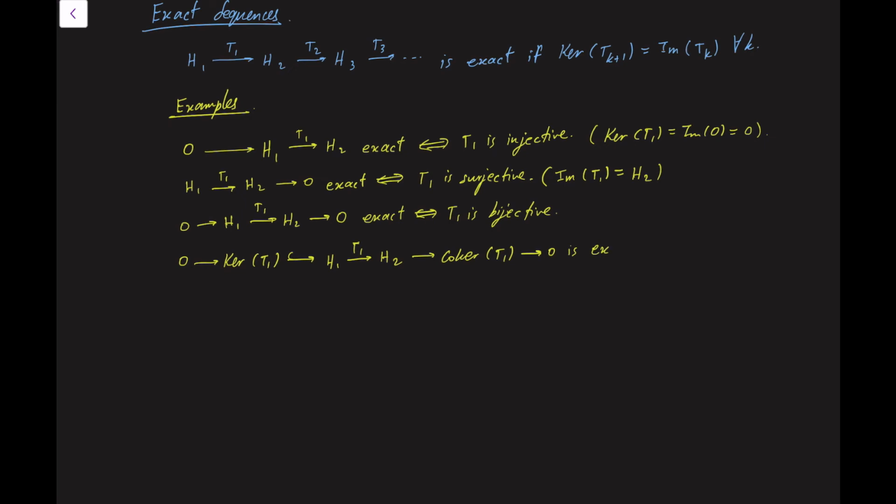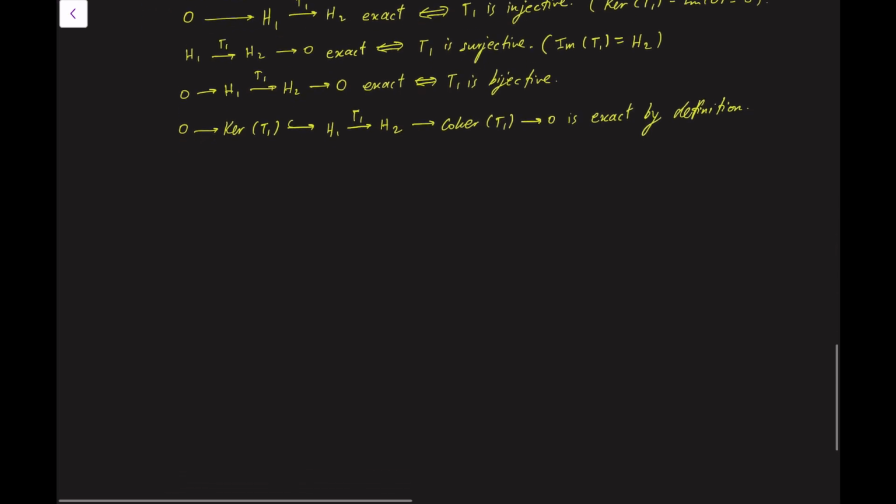This sequence is exact by definition of the kernel, the co-kernel, and an exact sequence. In this case, we've constructed this sequence so that the image of each map is equal to the kernel of the next map. So this sequence is always exact.